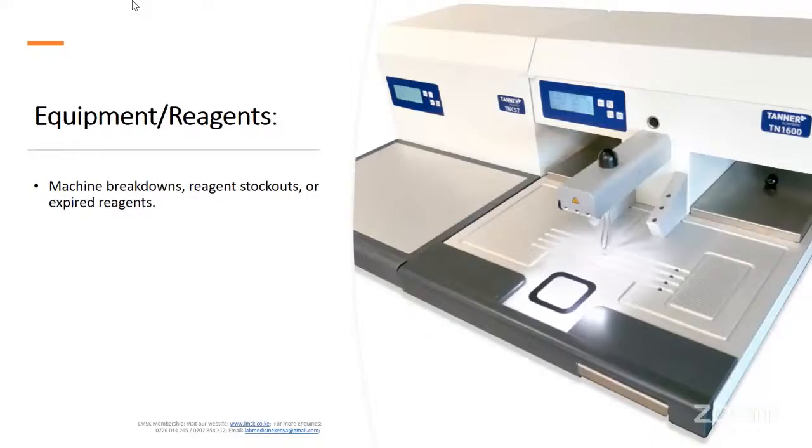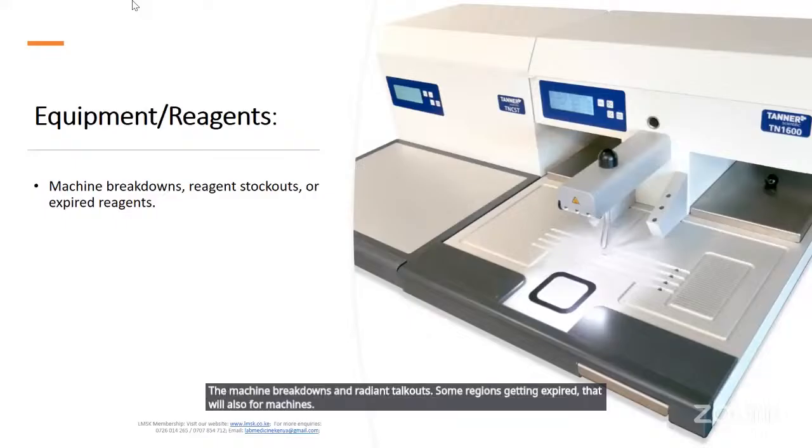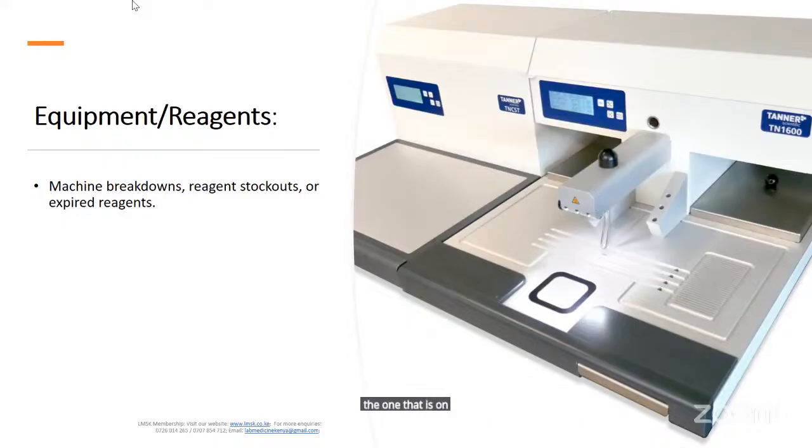Another thing that will impact the TAT is equipment and reagents. Machine breakdowns, reagent stockouts, and some reagents getting expired will also affect TAT. So for machines, make sure they are always maintained. The one on my screen is a blocking station. If you don't maintain this blocking station, you'll find that the filters will be clogged with wax. So always clean the machine well, even the processor.